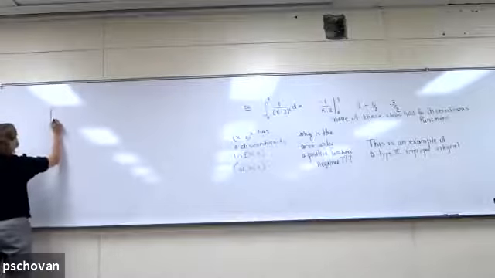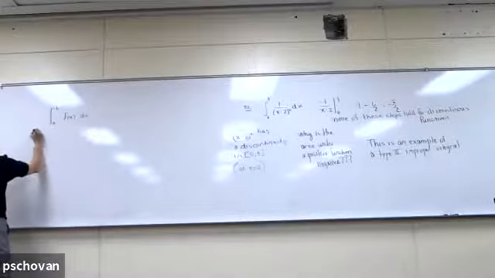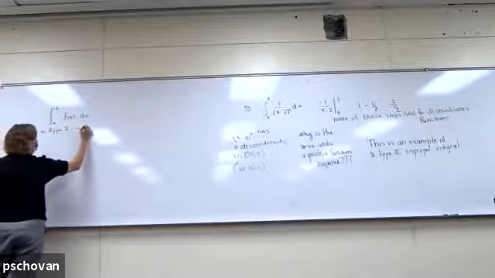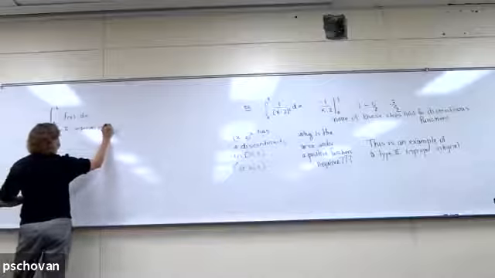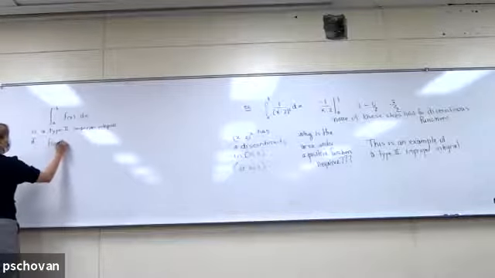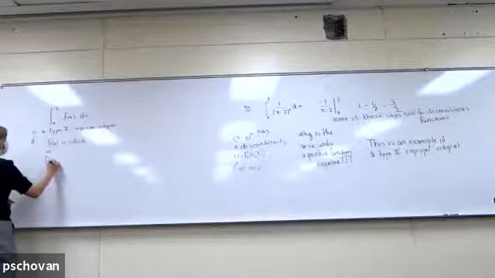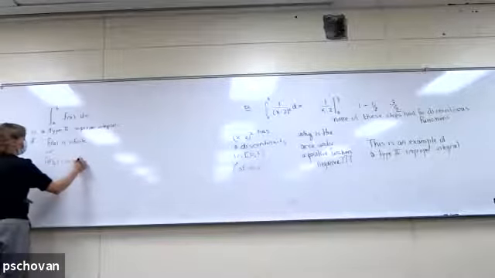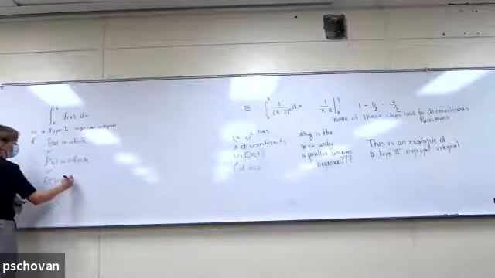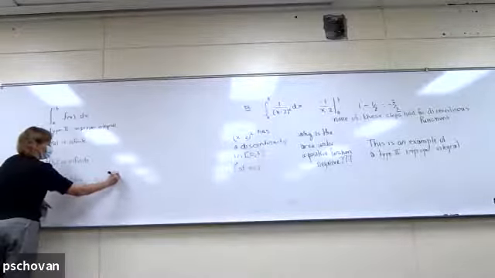The integral from a to b of f of x dx is a type 2 improper integral if f at a is infinite, or if f of b is infinite, or f of c is infinite, where c is some number between a and b.